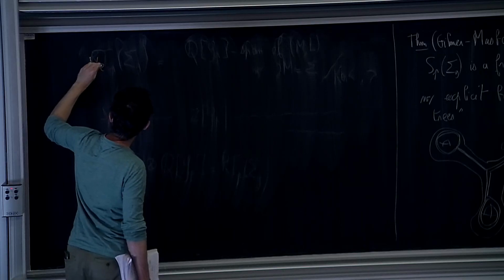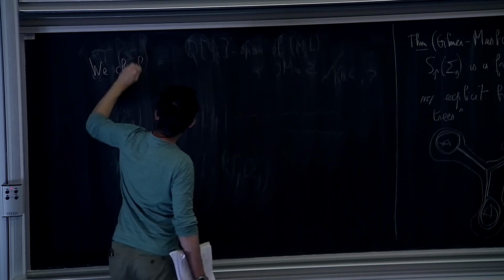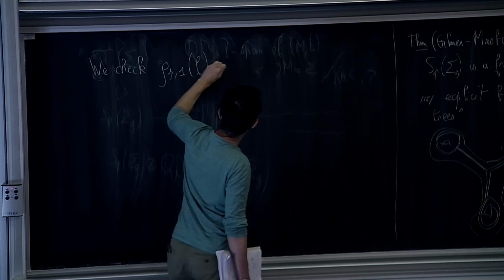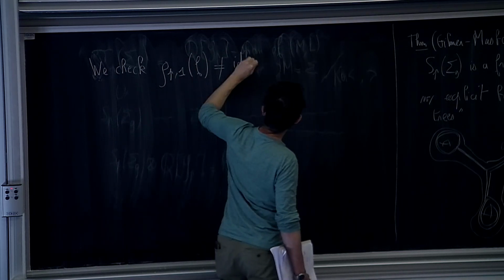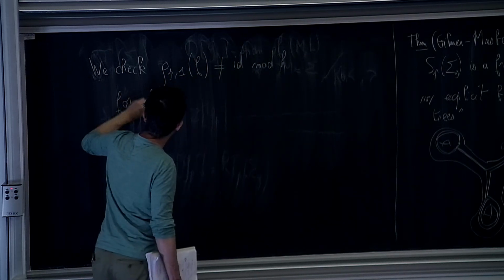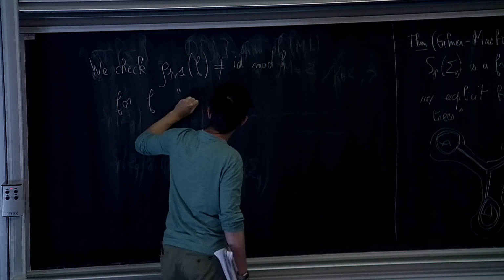So in that case, well, we check that rho P1 of F is not identity mod P for F what is the so-called simply intersecting pair map.